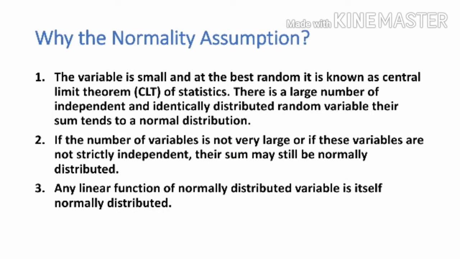And why the normality assumption? First point, ui represents the influence of many omitted variables that are small and random. This is known as the central limit theorem of statistics: there is a large number of independent variables. Second, if the number of variables is not very large, a linear function of normally distributed variables is itself normally distributed. Third, the number of variables may not be large and the variables may not be strictly independent.